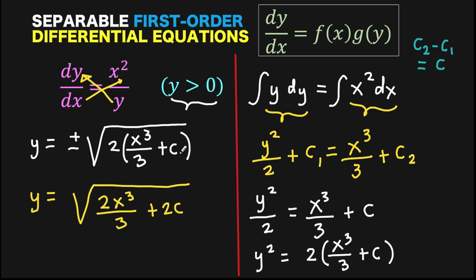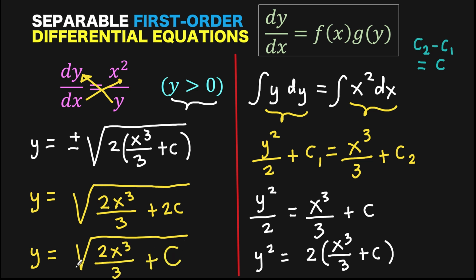But since this c is just any arbitrary constant, we can also replace this 2 times small c with just another notation for that arbitrary constant. Let's use the variable capital C for the constant. So this is now simplified as 2x cubed over 3 plus some arbitrary constant, capital C.